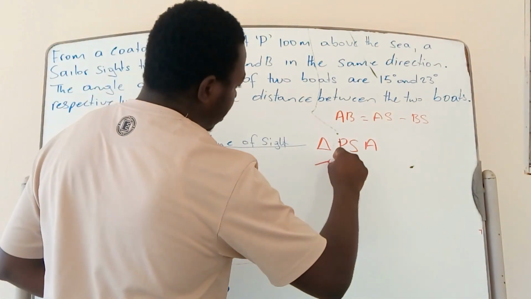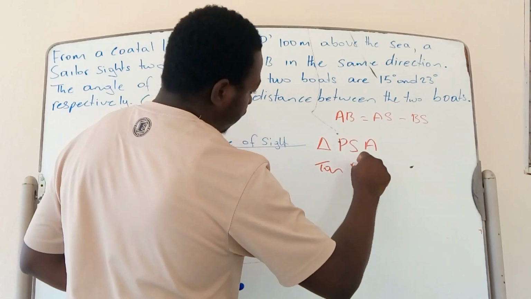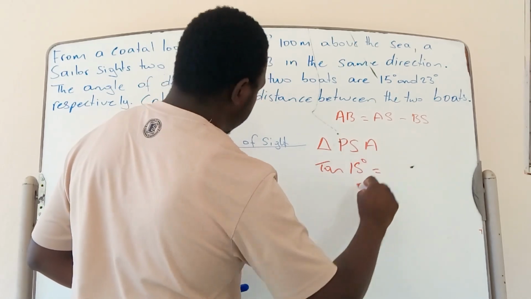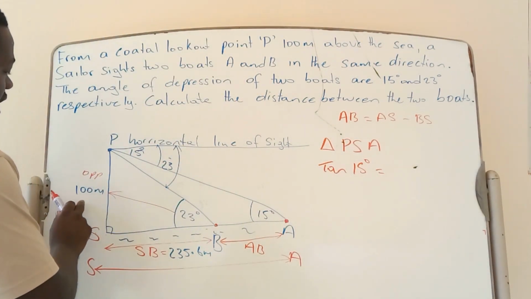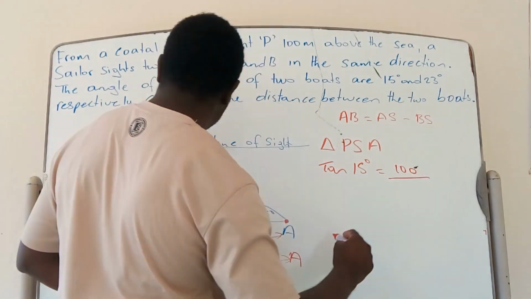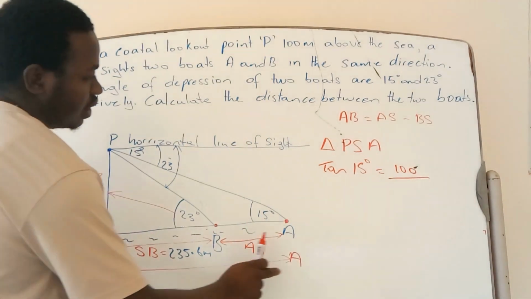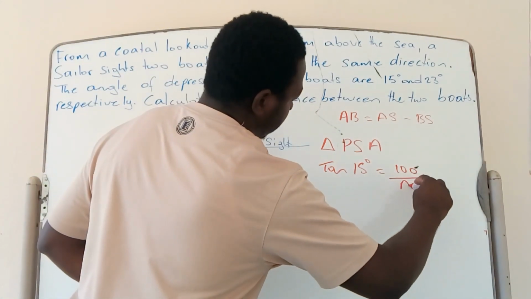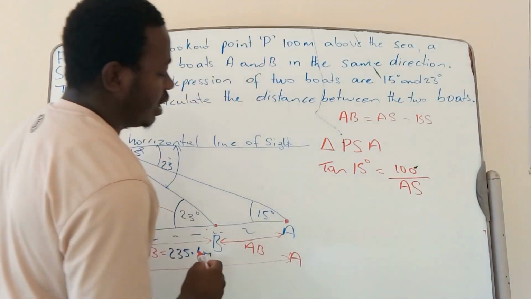So we know that tan of 15 degrees is equal to the opposite side, which is 100, all of that divided by SA, right, or AS, doesn't matter, right?